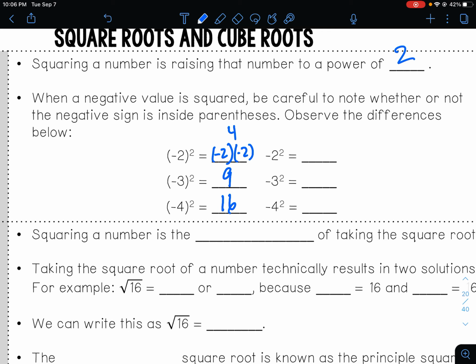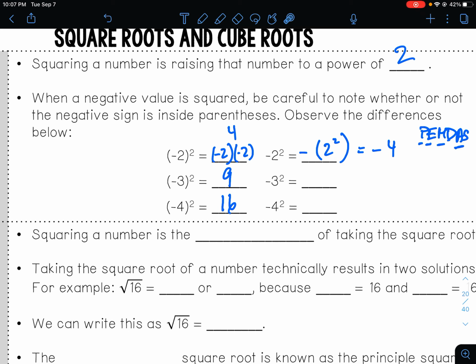Let's take a look at this negative 2 square. What this is, is probably better written like this: negative, and then you've got 2 square. And that would actually be negative 4. The reason for that has to do with PEMDAS or GEMDAS or whatever you want to call it, where you've got parentheses, exponents go next, and then multiplication, division, addition, subtraction.